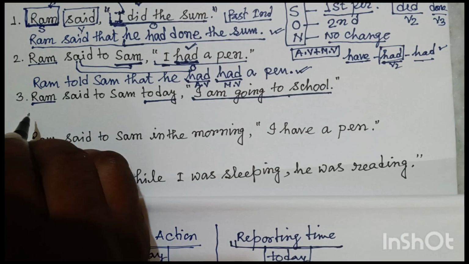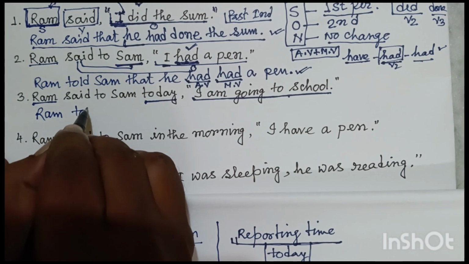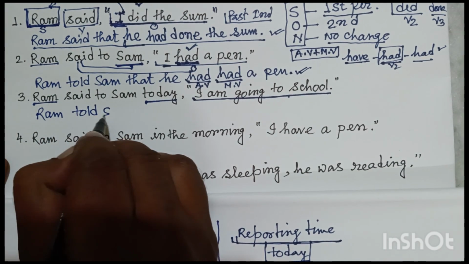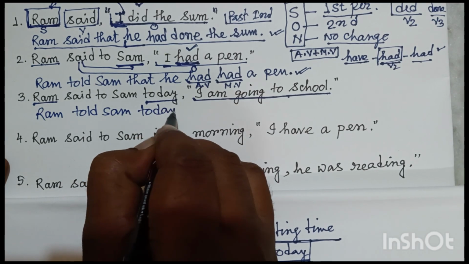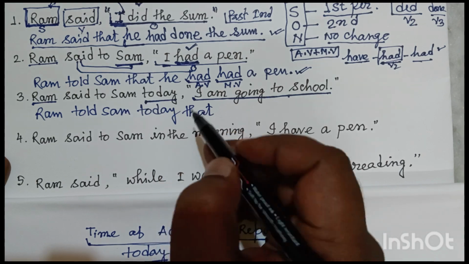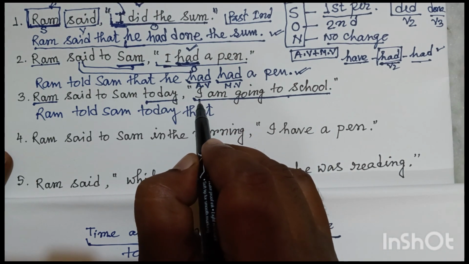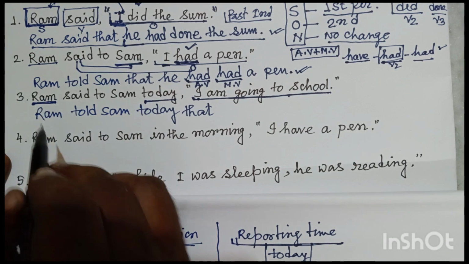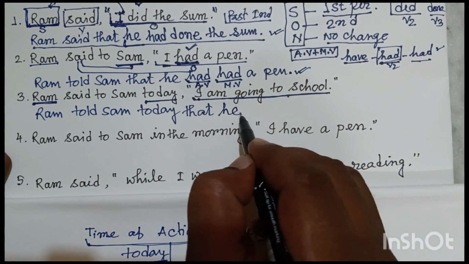So we have to write down, "Ram told Sam today that," only we have to change the pronouns. So this is first person, it will be changed according to the subject. So Ram, it will be changed according to Ram, so it became "he."